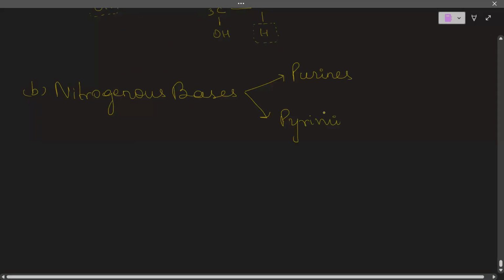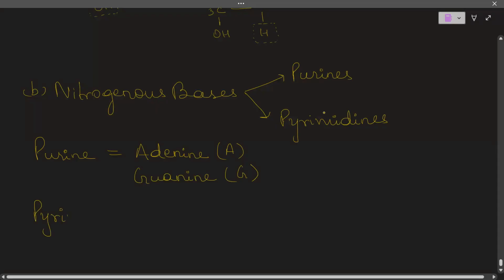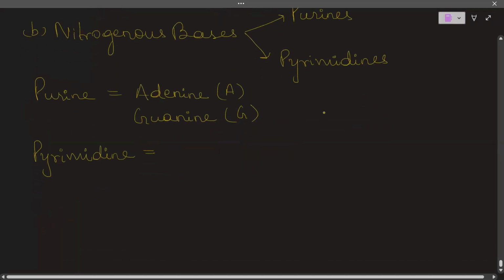Amongst the purines, there is adenine, represented by A, and guanine, represented by G. Then come the pyrimidines: thymine, represented by T, then uracil, represented by U, and then cytosine, represented by C.